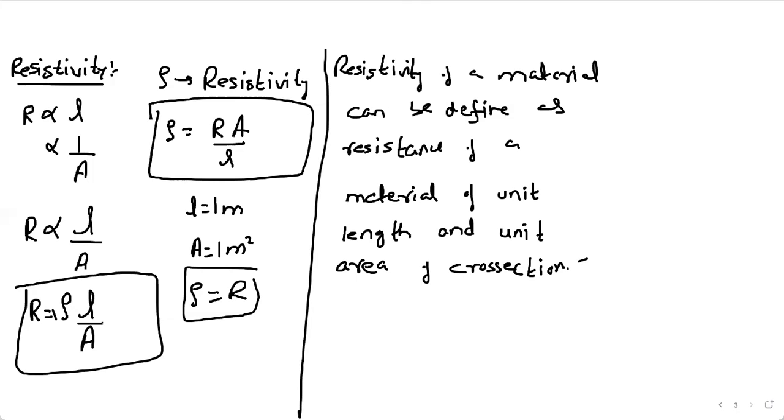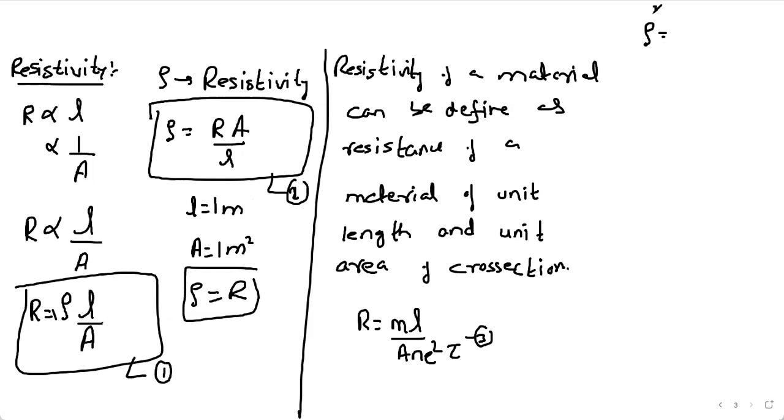After resistivity, if you want to see resistivity in microscopic form, resistance is m L by A n e squared tau, right? I call this equation number 1, this as 2, and this as 3. So we can substitute the value of R from 3.